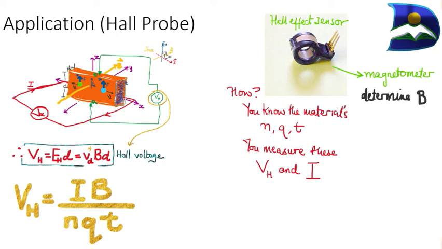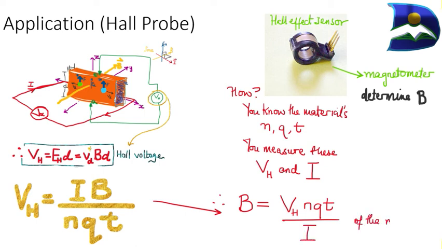Once you have those variables established, you can determine your B, which is the magnetic field, by solving for B first and putting all those variables into this equation, and you'll be able to determine the magnetic field of that particular material in question.